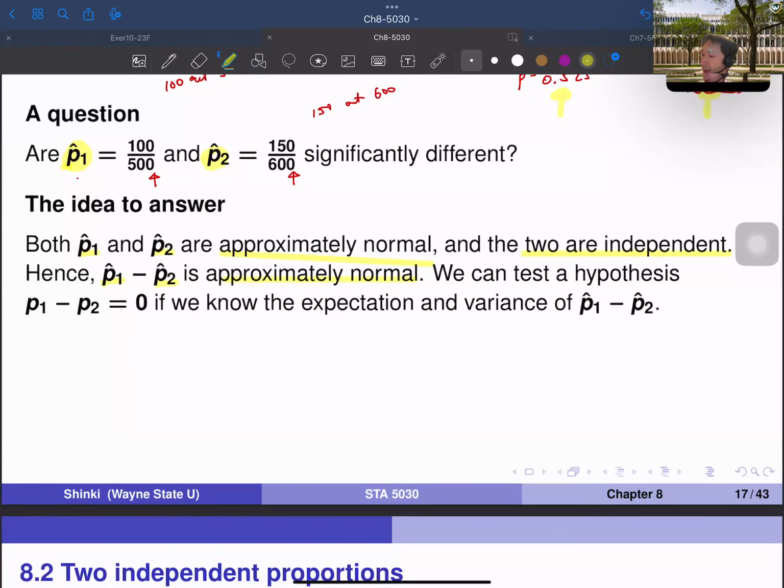So basically, if we have the expected value and the variance of P1 hat and P2 hat, then we can test the null hypothesis that P1 minus P2 is equal to a certain number. Usually, we want to see if these two proportions are the same or not, so this is 0. In general, we can make it D.